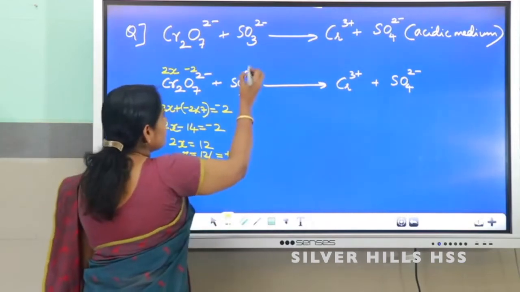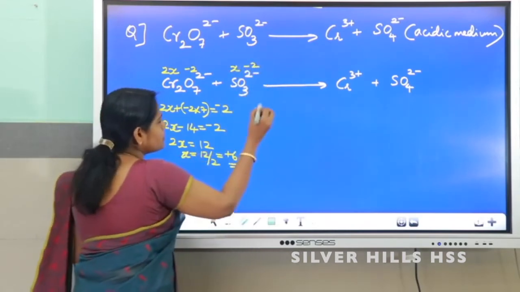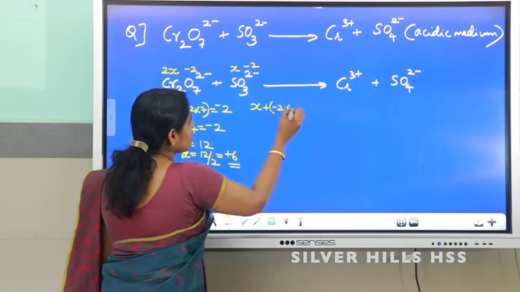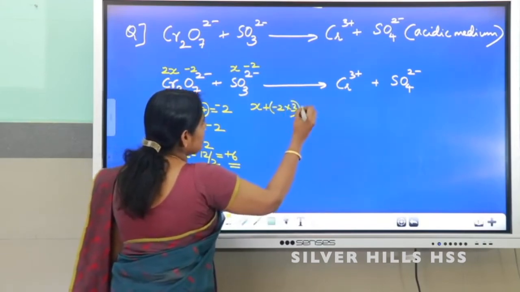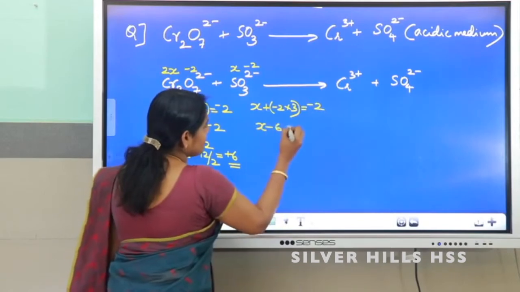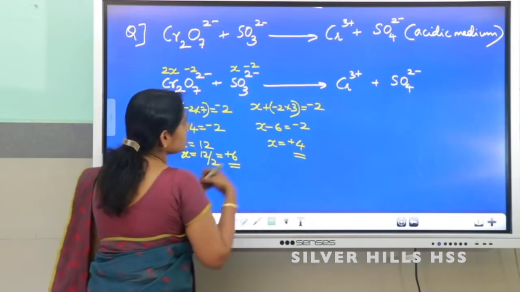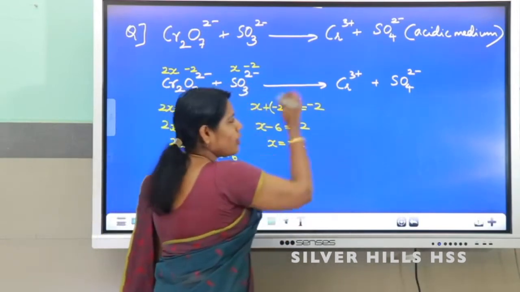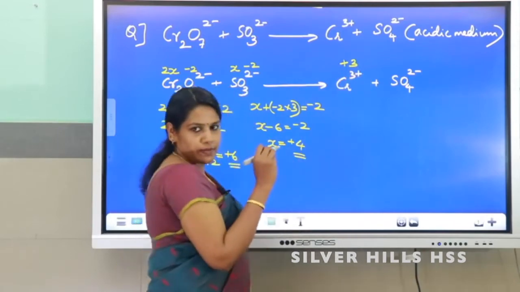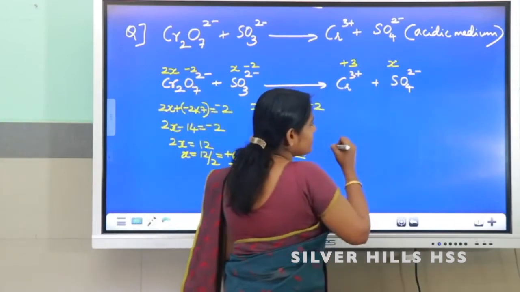Then here we do not know the oxidation state of sulfur and oxygen it is -2. So let us calculate x plus -2 into 3 is equal to -2, x minus 6 is equal to -2 and x is equal to +4. Then chromium is a monoatomic ion, so the oxidation state is equal to the charge possessed by this ion, that is +3. Then here also we do not know the oxidation state of sulfur.